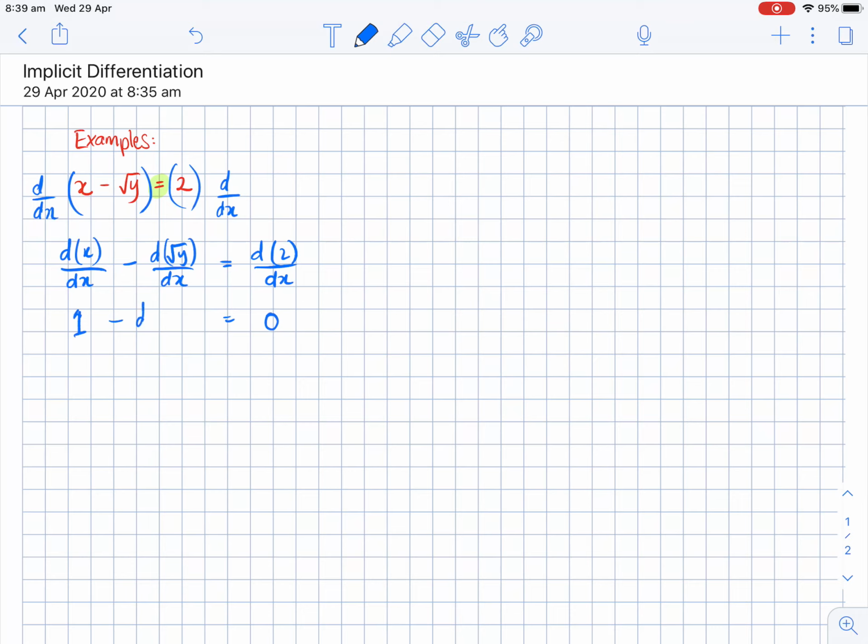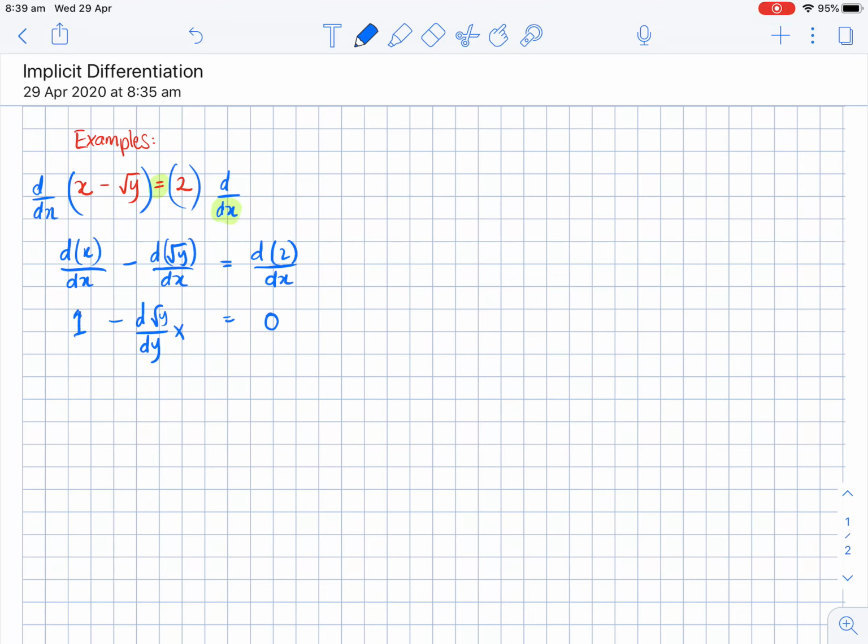So what I do instead, I can't differentiate with respect to x, so I'm going to differentiate the square root of y with respect to y. How can I do that? Well, it kind of doesn't work initially because I've got this dx in here. And I want to find out what dy dx is. I don't want to find out what some of dy dx is and some of it dx dy.